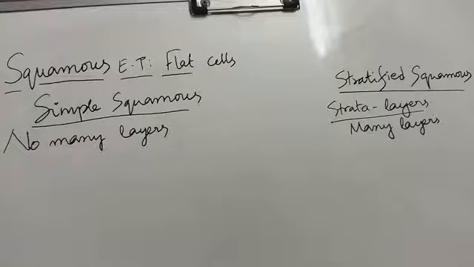Where do we find the simple squamous epithelium tissue? The epithelium that lines the blood vessels or that lines the alveoli, that lines the mouth and esophagus. These are the places where the simple squamous epithelium tissue is present.